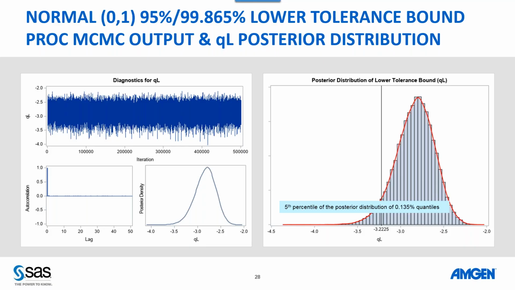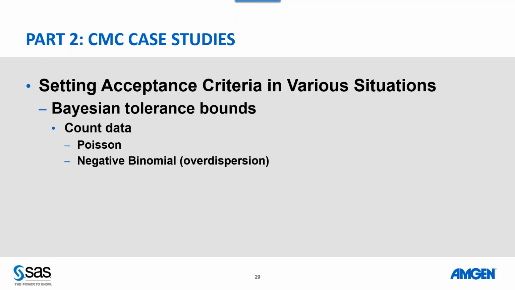In theory, if we knew the numbers exactly, as we said several times already, that number should be -3. But it's a little lower than that. Those of you familiar with tolerance bounds know that that's a function of the K factor in the tolerance bound calculation. So that's an example for the normal distribution. You see how relatively simple it is to code and to generate that, and you got similar results. So let's look at something more interesting.